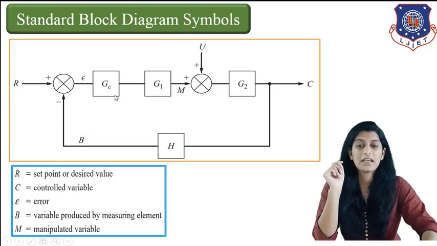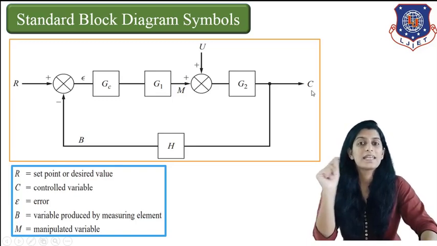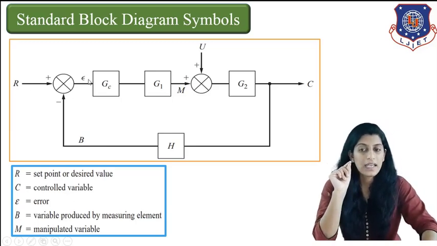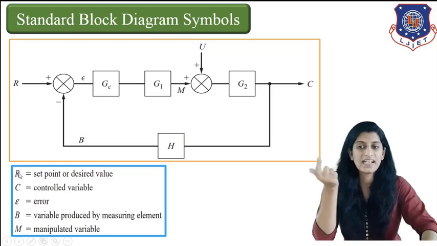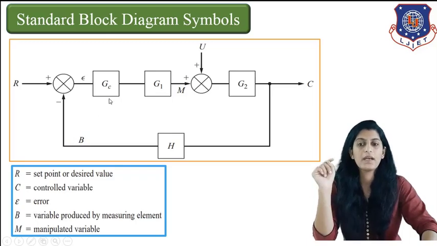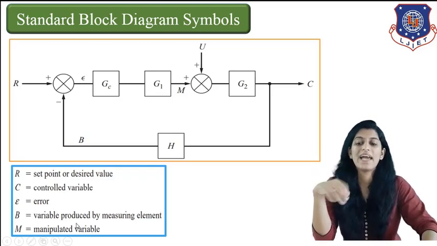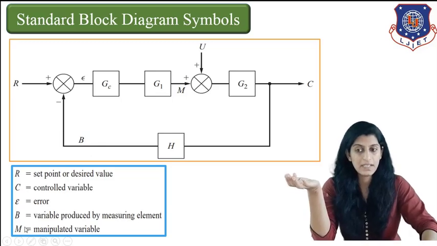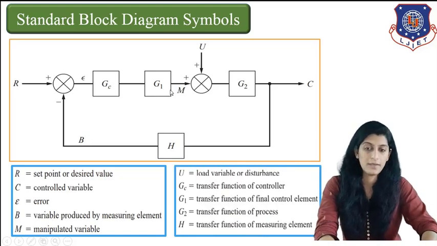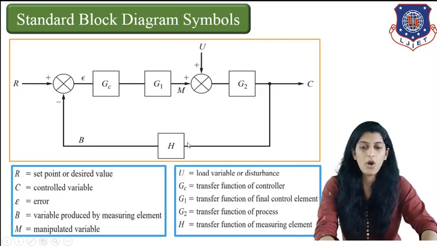C is nothing but the controlled variable. E here is our error generated by comparing the set point value and controlled variable value, right? B will be the variable produced by the measuring element and M is the manipulated variable which is generated by our final control element.